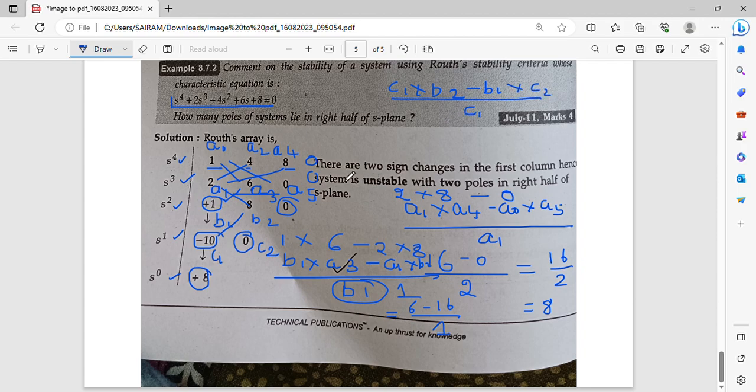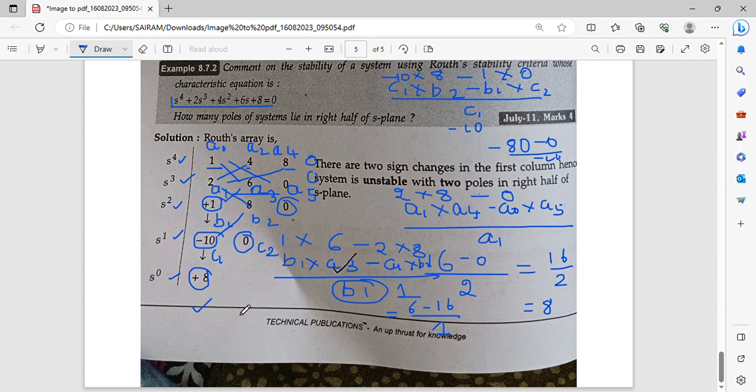What is c1? c1 is minus 10, into b2 which is 8, minus b1 into c2, that is 1 into 0. So minus 80 minus 0 divided by minus 10, which is nothing but 8.